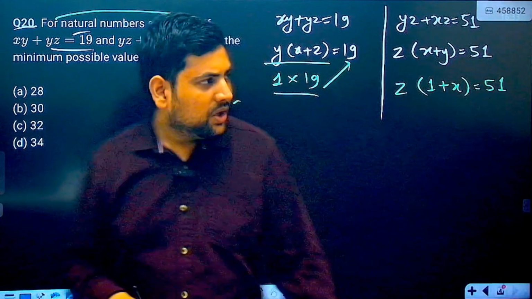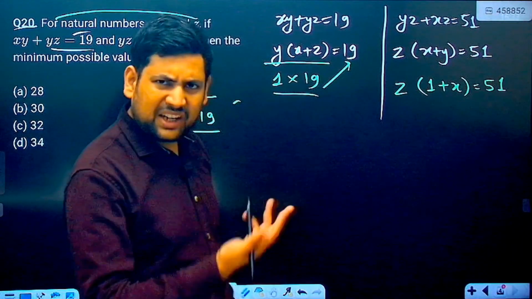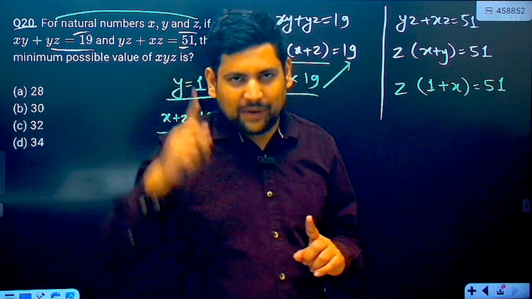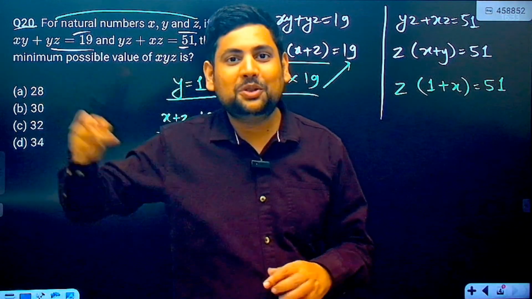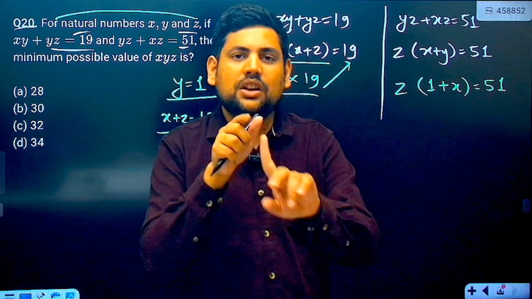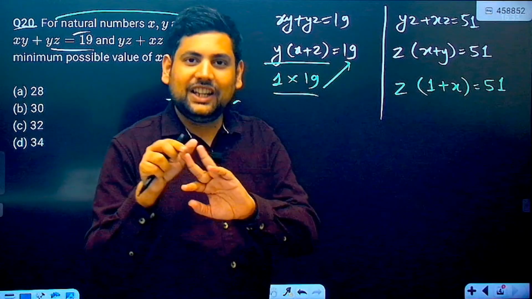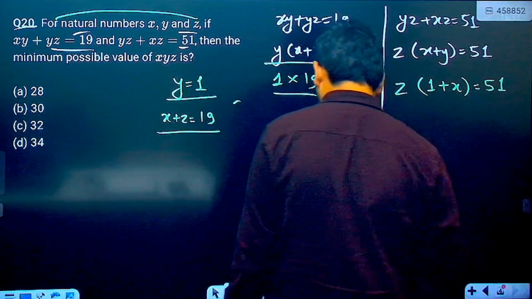Fine. Now what are the ways in which you can write 51? Okay, I will write all those ways. Now 51 has how many factors? 17 into 3, power 1, power 1. So how many factors? 1 plus 1, 2, 1 plus 1, 2, 2 into 2, 4. 4 factors. What are those? 1, 3, 17, 51. Correct? These are the 4 factors. Now, I start writing.